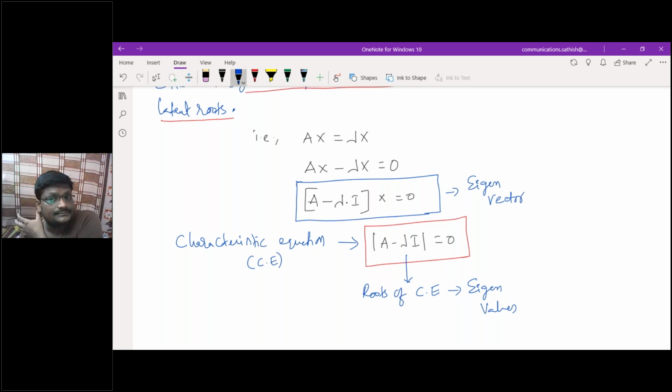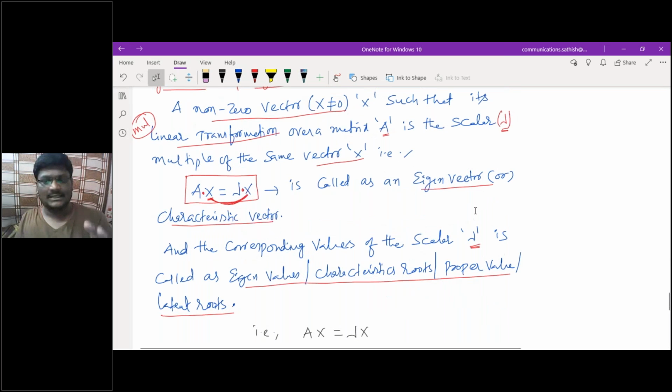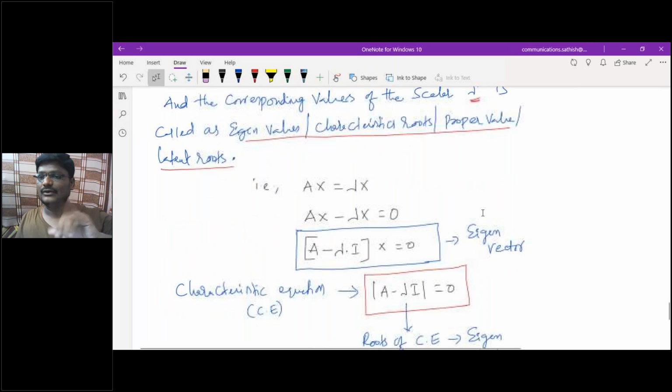Got my point? This is a simple definition, nothing more than that. For finding the eigenvalues, you go with the characteristic equation, and the roots of the characteristic equation are the eigenvalues. And (A minus lambda I) into X equal to 0 gives you the eigenvector.